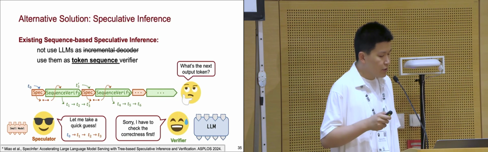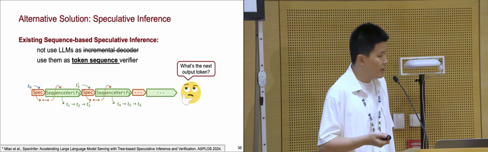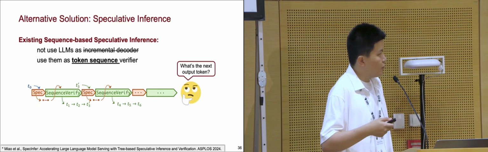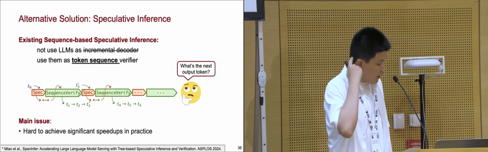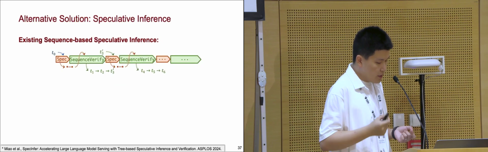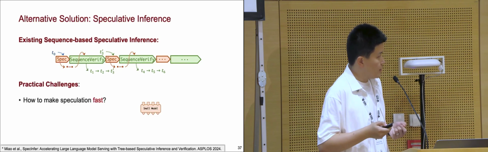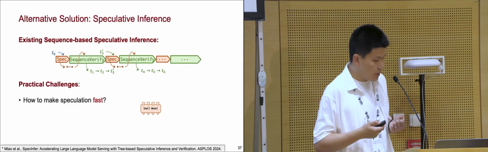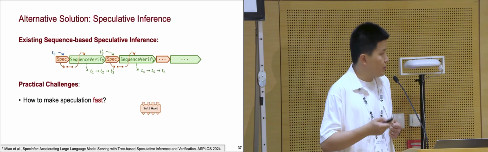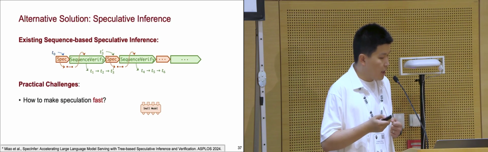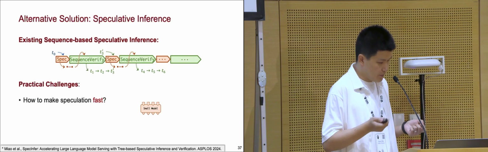A promising alternative solution is called speculative decoding, which was first proposed by Google and DeepMind individually at the end of 2021. It is also called sequence-based speculative inference, which involves an additional small model as a speculator. The speculator is responsible for taking a quick guess on the next few tokens during the decoding process. For example, in this case, the small model will try to predict the next 3 output tokens.